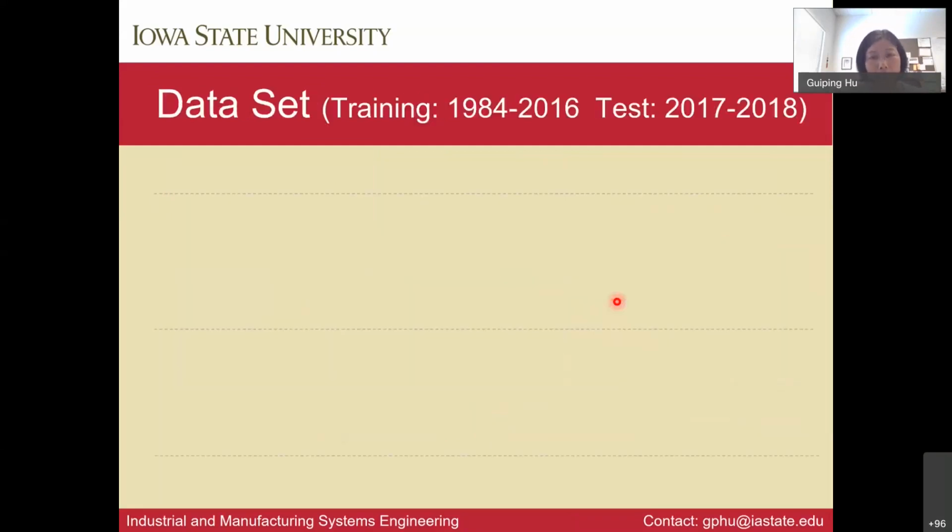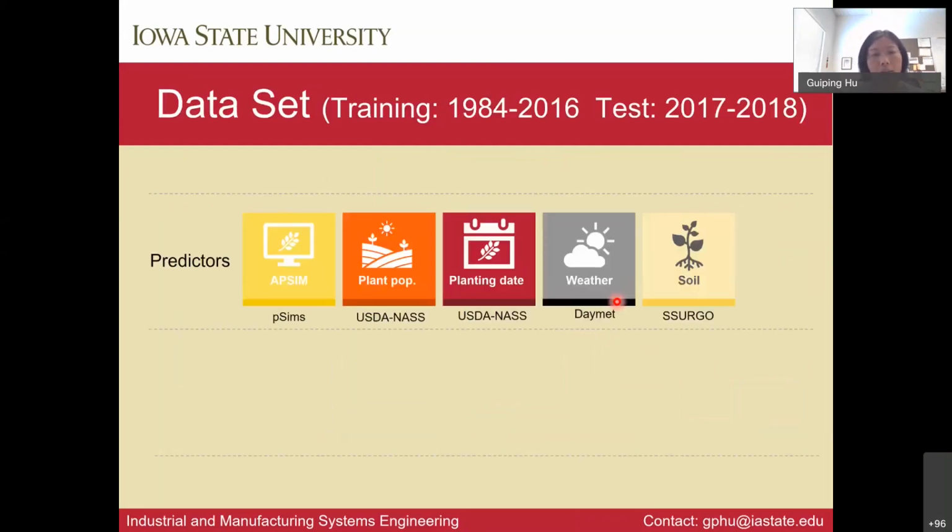In terms of the data set, we used the USDA data set, and the features included over here include input from APSIM, the plant population, planting date, weather information from DayMet, and then soil information as well. The target is of course corn yield. We did it for 3 states, but we are doing it for the whole Midwest, 12 states.